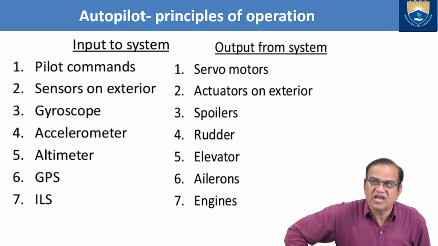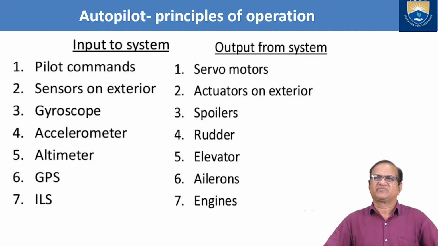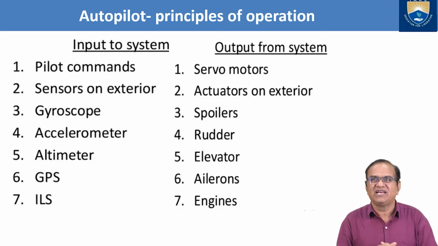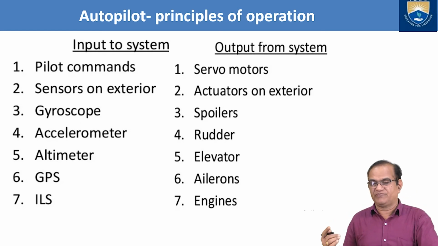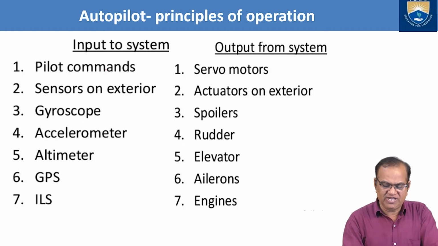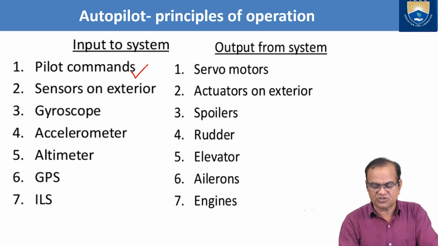So the principle of operation of the autopilot, we can divide into the two groups of this autopilot. One is the input to system, means what input is required for the autopilot, and output from the system. So for input, we need the pilot command. Pilot has to give some command, some input.